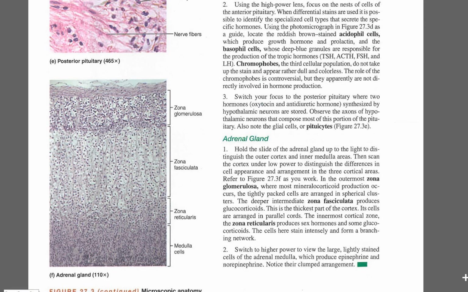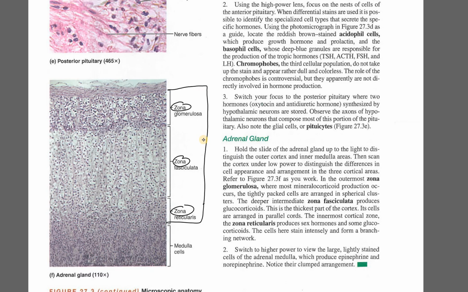Okay, going back to the lab exercise, so this is in the book, they break it down here really nice for you by the different zones that you find in the adrenal cortex. Okay, so essentially all of this is what they call the zona, or zones, or the different layers found within the adrenal cortex.